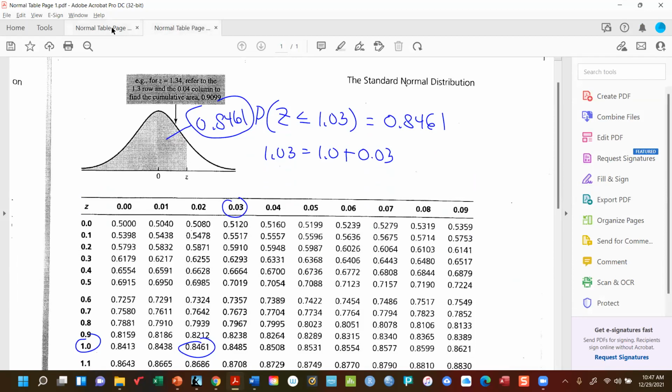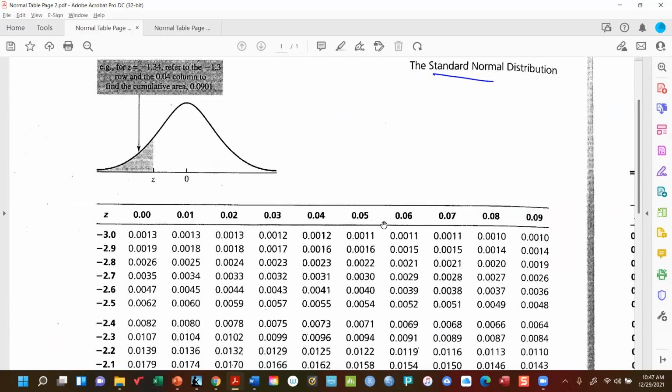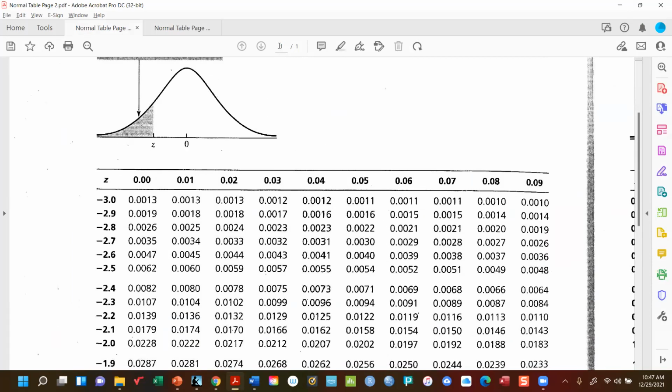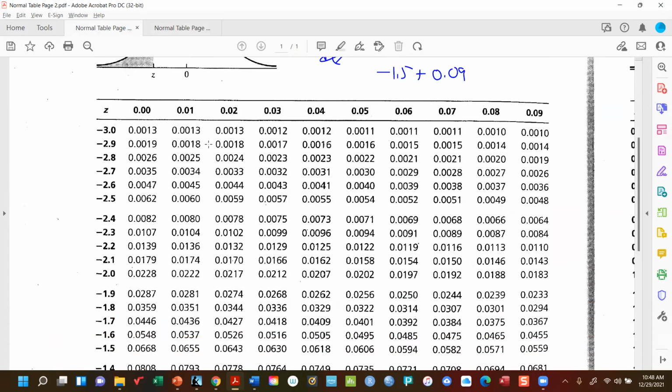Oops, not that one. Actually, we'll just write it as negative 1.5 combined with 0.09.